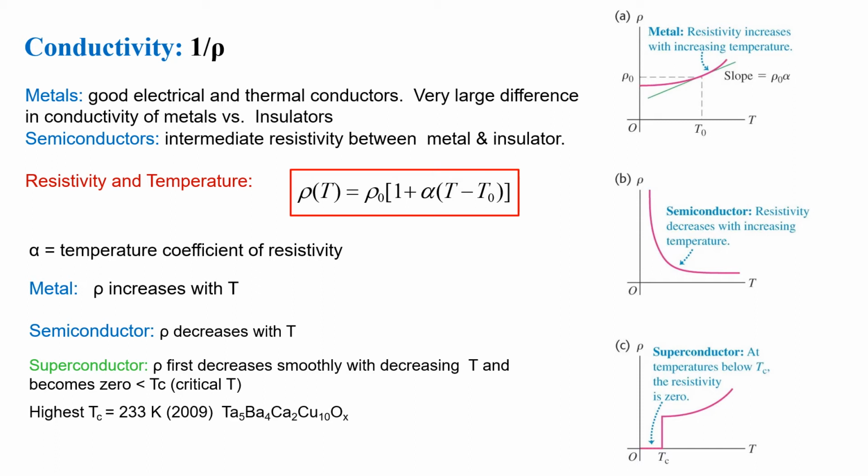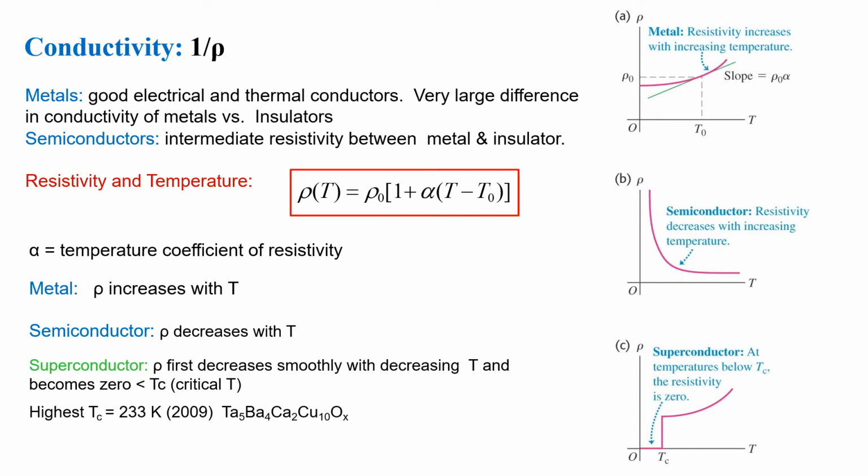The resistivity and temperature have the following relationship. The resistivity rho at a specific temperature is equal to the initial resistivity rho naught times 1 plus alpha times T minus T naught. Here, T is any temperature, and T naught is the initial temperature.